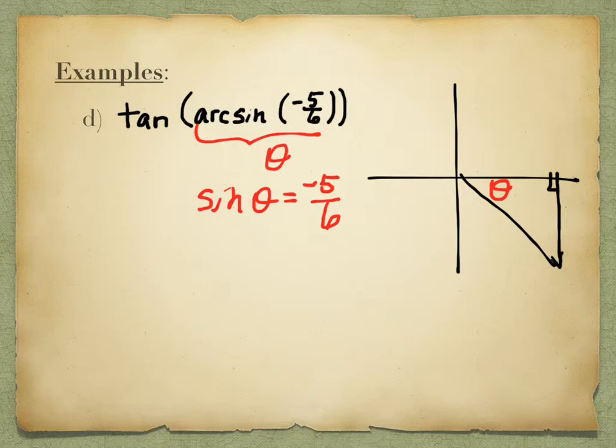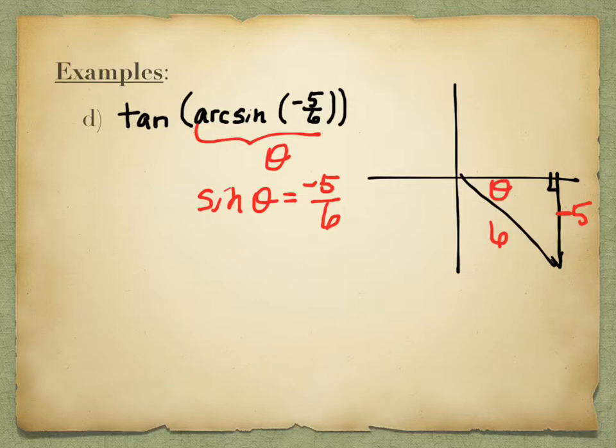Where am I going to put that negative 5 and that 6? Or the 5 and the negative 6? Where are these things going to go? Opposite. So the opposite is the 5. The hypotenuse is the 6. And then where will the negative go? It will go on the 5 because that's actually a negative y distance, right? That distance down is considered a negative y coordinate.